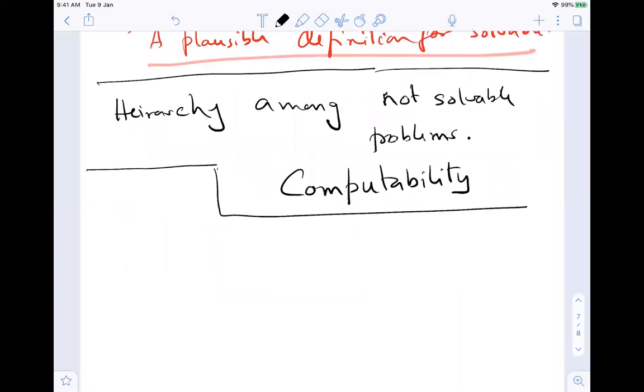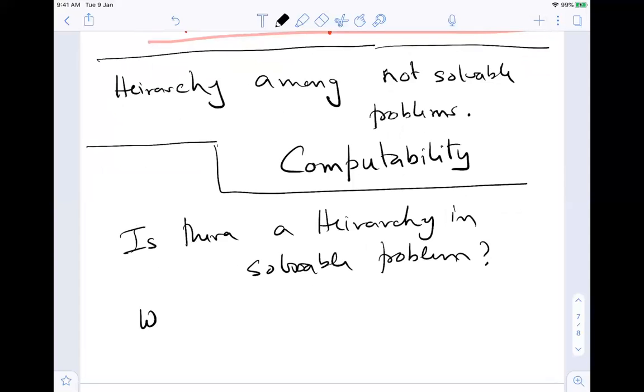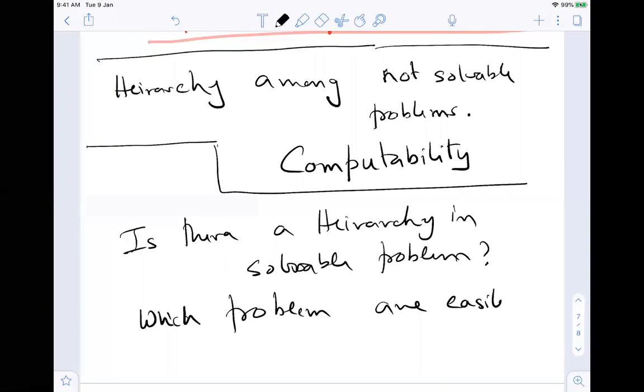Meaning, is a problem more easily solvable than another problem? Or in other words, which problems are easily solvable?